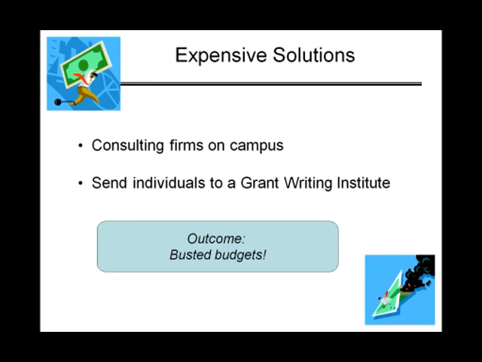They tell me that a lot of times the focus of these institutes is geared more toward general audiences such as public school educators, and also nonprofit human services organizations. And not very many of them are focused on the particular needs of academic researchers. So not only is this an expensive option, the people who take advantage of it often are not real satisfied with the results. Nevertheless, the usual outcome is a busted budget.